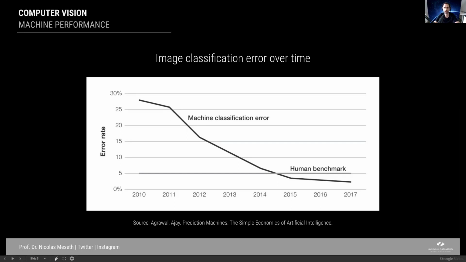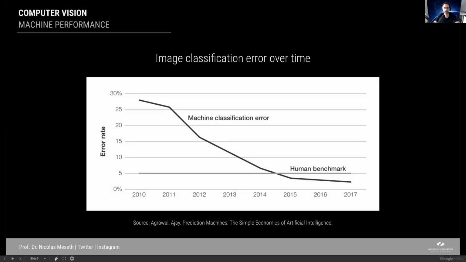For image classification, there's a famous challenge that takes place every year, where different algorithms, so different models, see the same set of images, and they should recognize or predict the label correctly, what is being shown in that image.